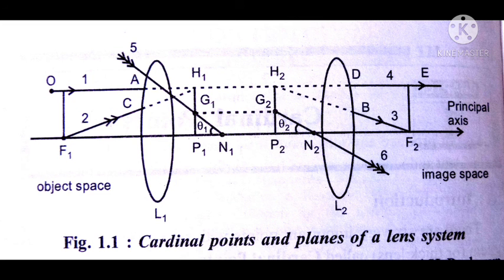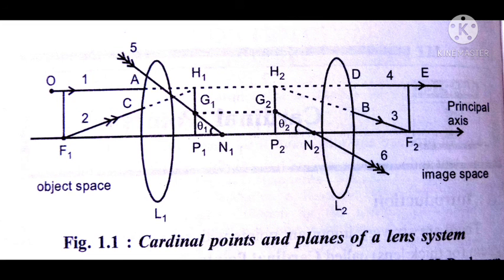Now see nodal points and nodal planes. An incident ray G1N1 directed towards the first nodal point N1 on the axis emerges as a parallel ray G2N2 from the lens, where N2 is the second nodal point. Thus for such a conjugate pair of rays, the lens system behaves like a parallel slab. It does not produce any refraction.